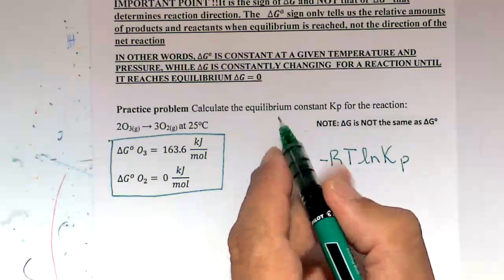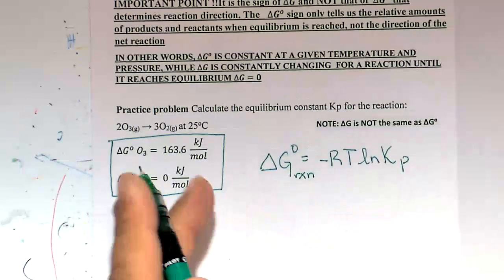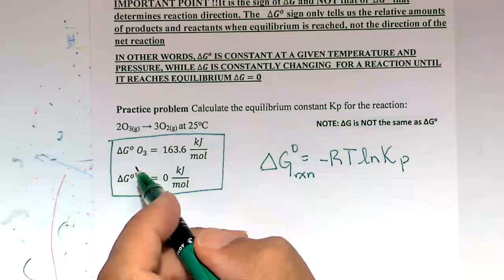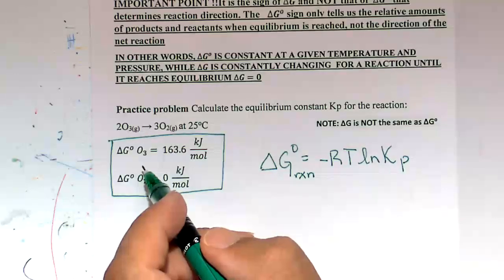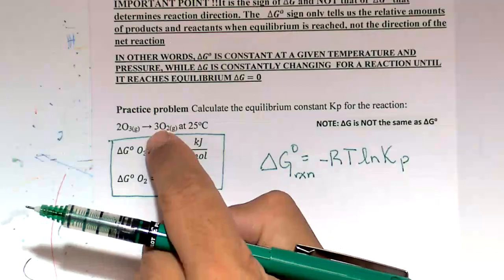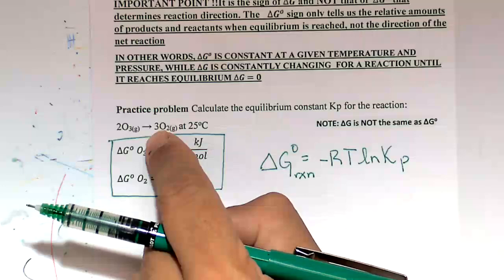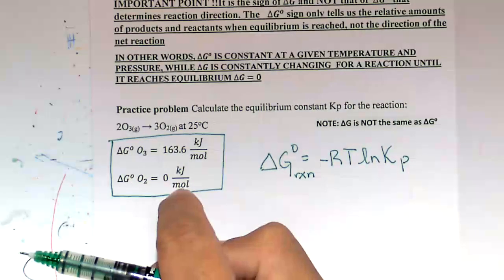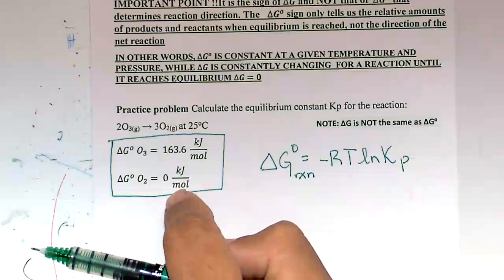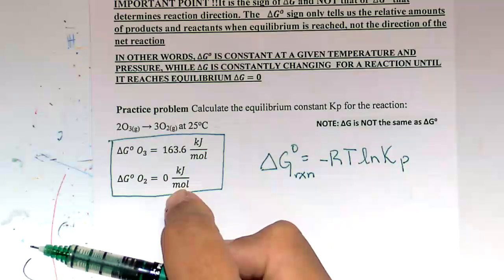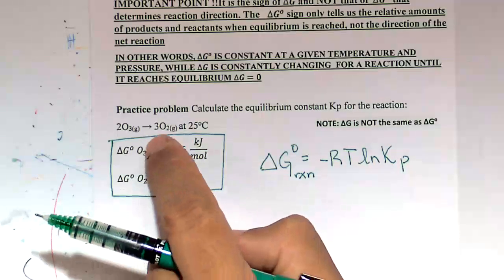So how will we calculate delta G naught of this reaction? It's going to be the sum of the products minus the sum of the reactants. We have 3 O2 as our product. The formation delta G is 0, and that's for 1 mole.